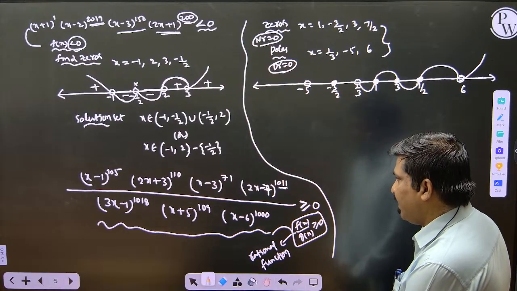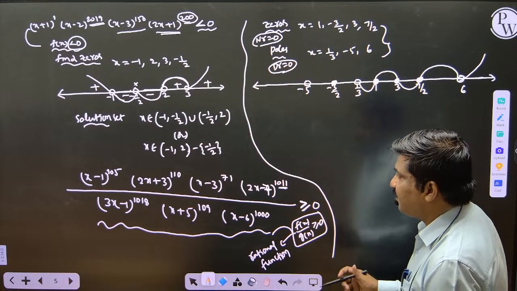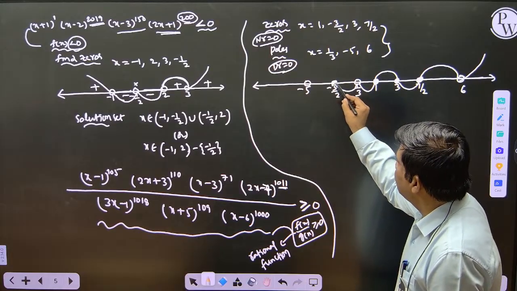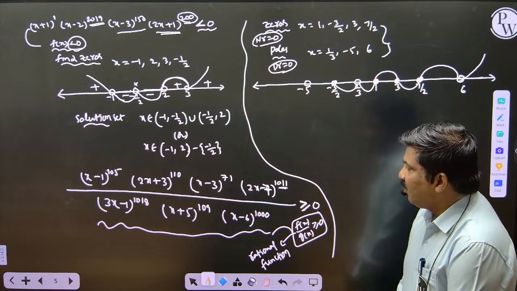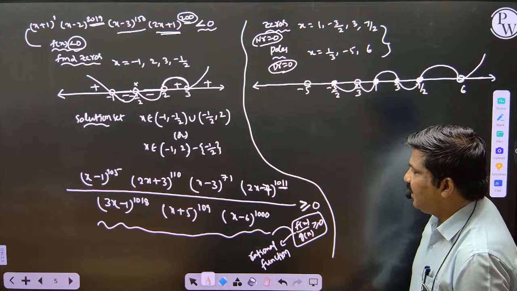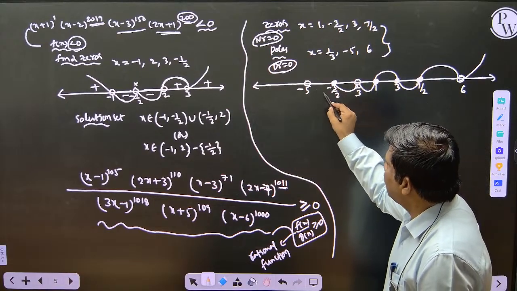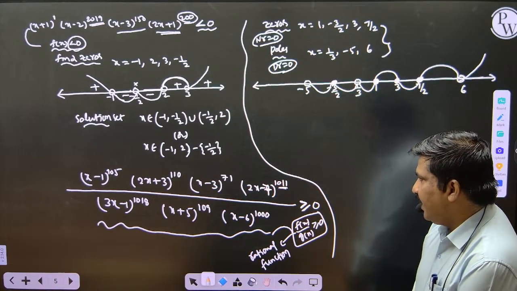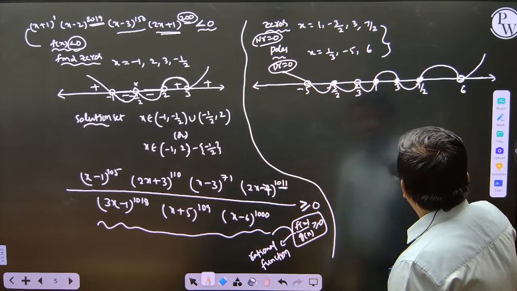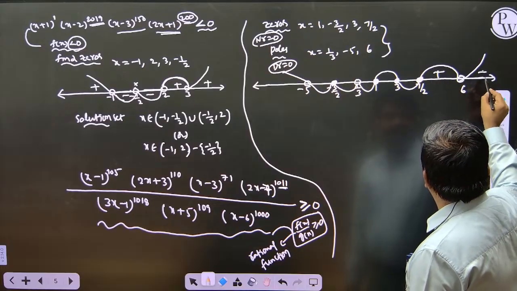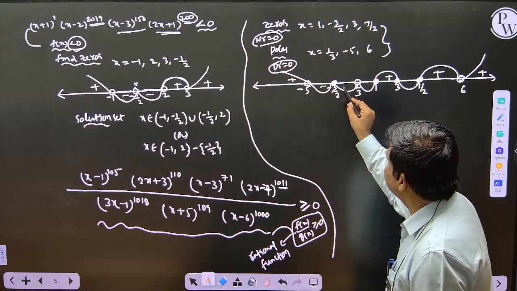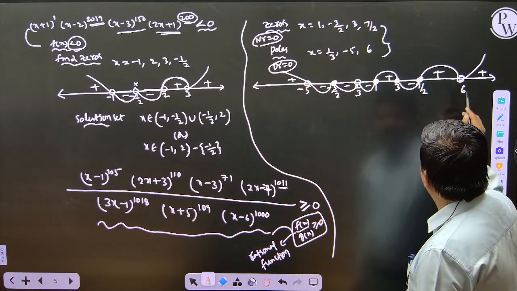Next, 1 by 3, the power is 1018, even, does not cross. Minus 3 by 2, the power is 110, even, does not cross. Minus 5, the power is 109, crosses. So the above part is always positive, and the below part is negative.